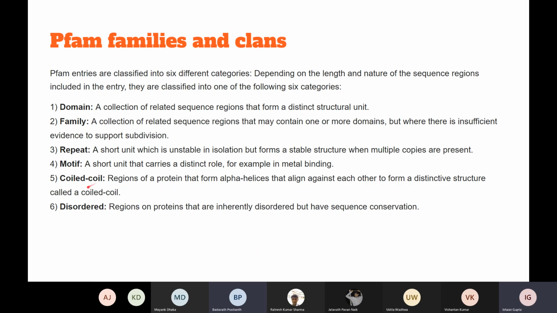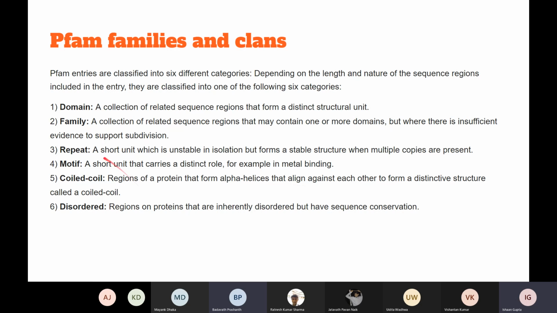Then there is something called coiled regions. Coiled regions of proteins have alpha helices, and they align with each other to form these distinct structures. They are different from domains and families because they are specifically a secondary structure, which might have many distinct functions. One such function is forming pores within the cell membrane to transport things in and out of the cell.